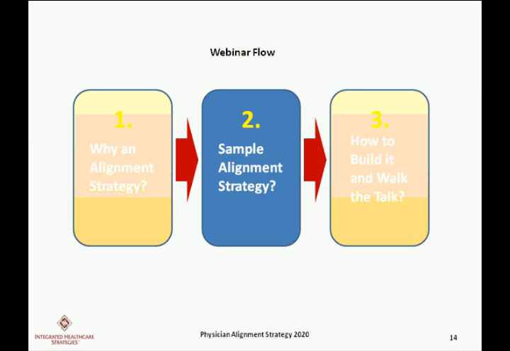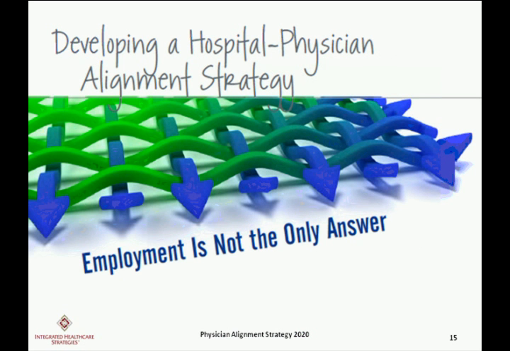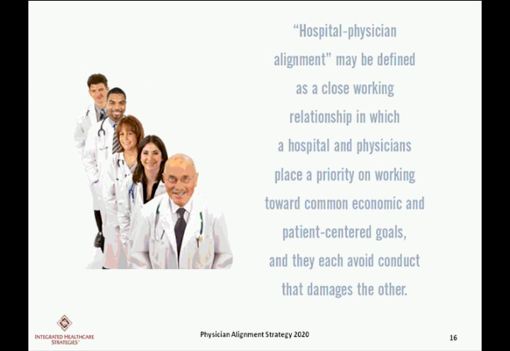So let's look at some samples of what a physician alignment strategy needs to have in it and why it is so important to be explicit and formal about it, not informal. As I've mentioned before, as we start to look at some sample strategies, it's essential that you realize that employment is not the only answer.